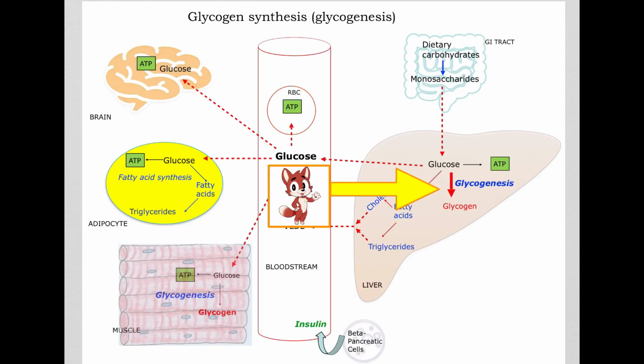As we saw in earlier videos, after a meal, your insulin levels are high, and the insulin stimulates a lot of synthesis, protein synthesis, fatty acid synthesis, as well as glycogen synthesis. So glycogen synthesis is called glycogenesis, and glycogenesis happens mostly in the liver and the muscles because that's where most of your glycogen is stored. So today we shall focus on this metabolic pathway that becomes very active after a meal called glycogenesis.